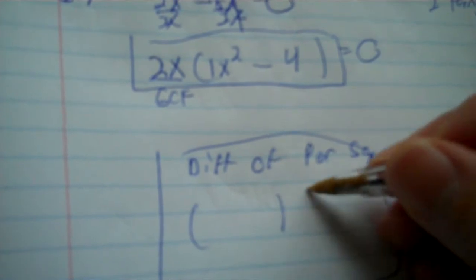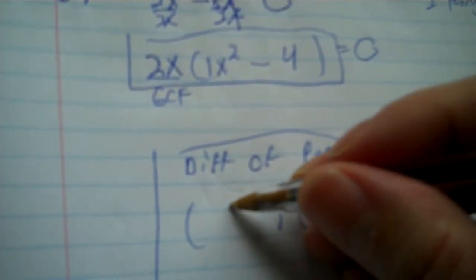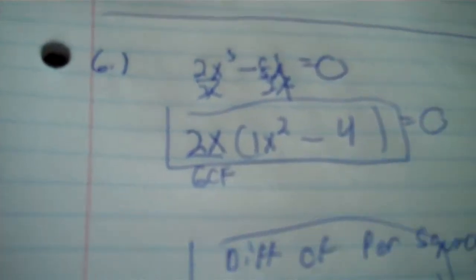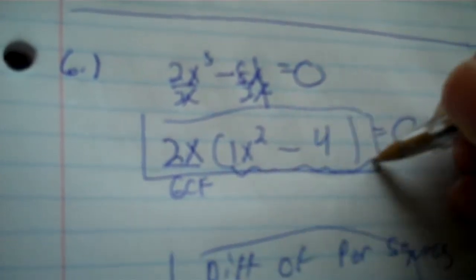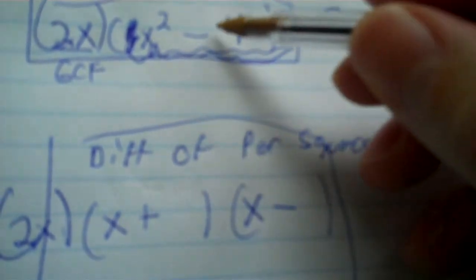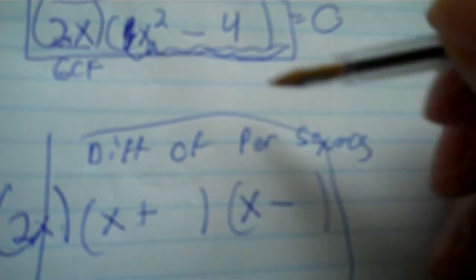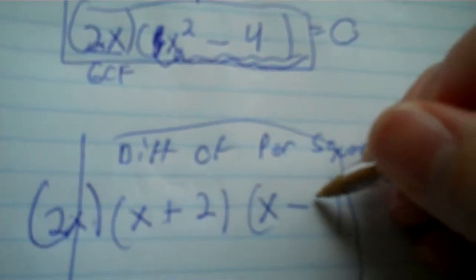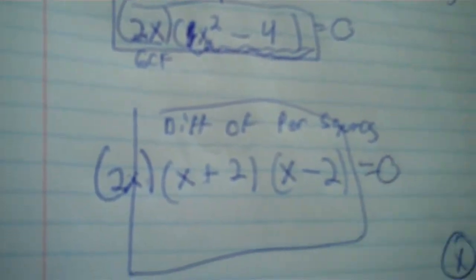You always, no matter what, you make 2 parentheses. One is plus, one is minus. And you're looking at the parentheses. That 2x here, that just drops down, okay? Okay, you can delete the 1 as long as it's a 1. X to the second's x times x, and then a negative 4 positive times a negative, and that would be 2, 2. And now you got your 3 answers.